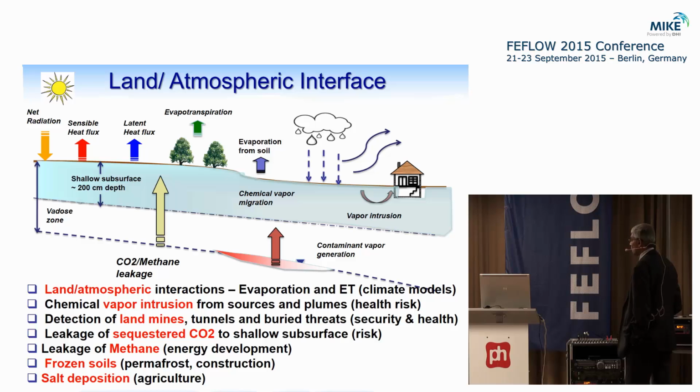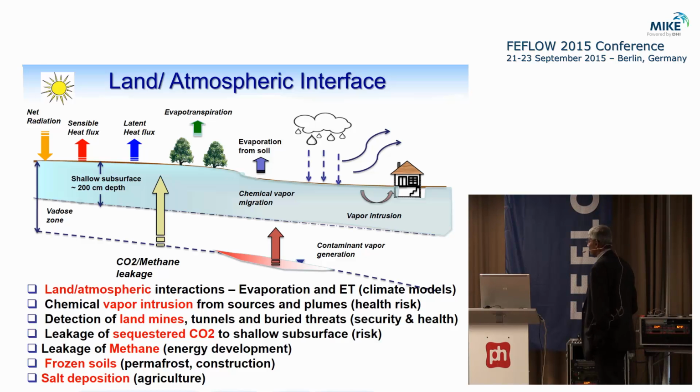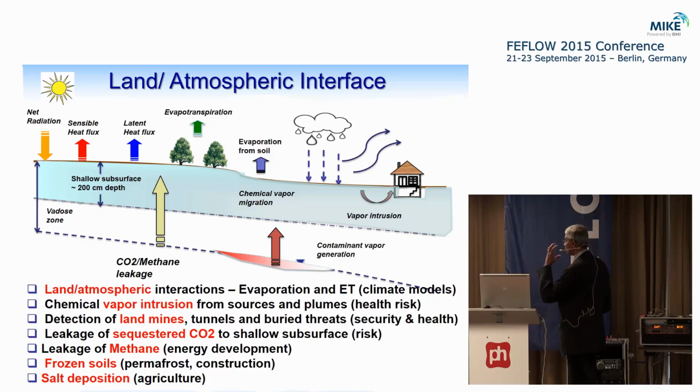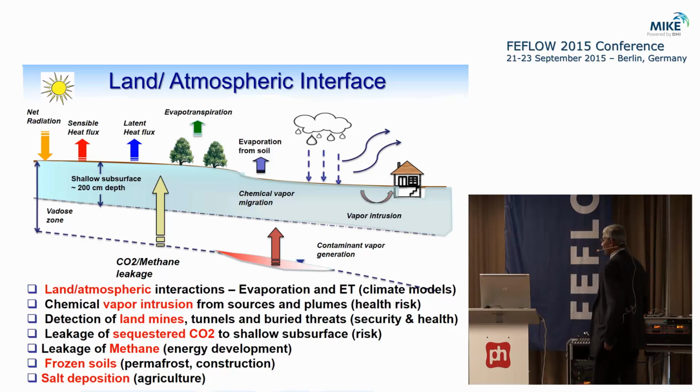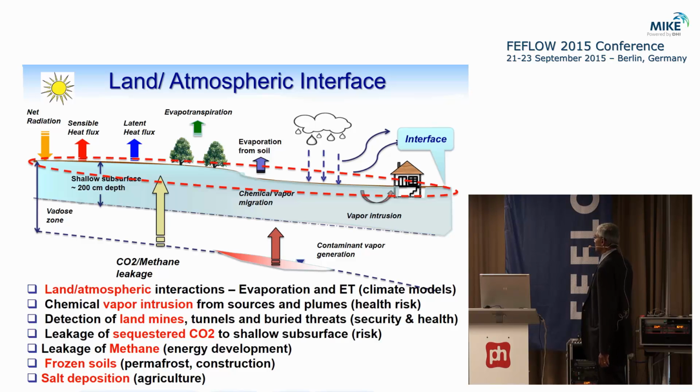And frozen soil is a very interesting problem too. It has a lot to do with climate change, because when the permafrost and the growing season change, more carbon goes into the atmosphere. This has a major effect on climate change and soil deposition. So these are all interesting problems happening in this zone here, and this is the zone that is of interest to us.